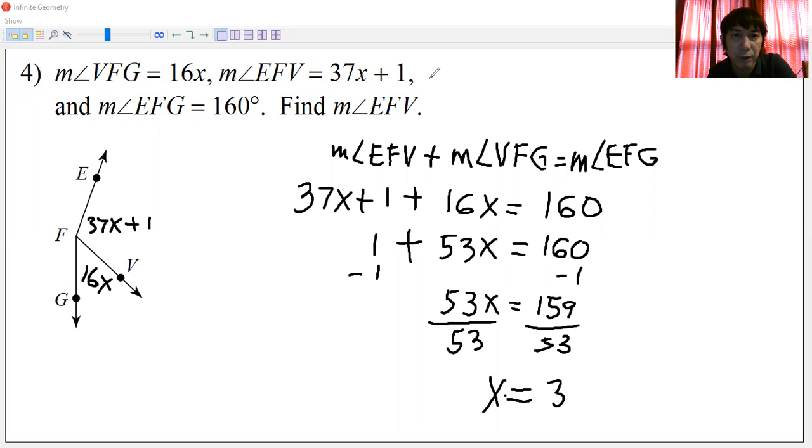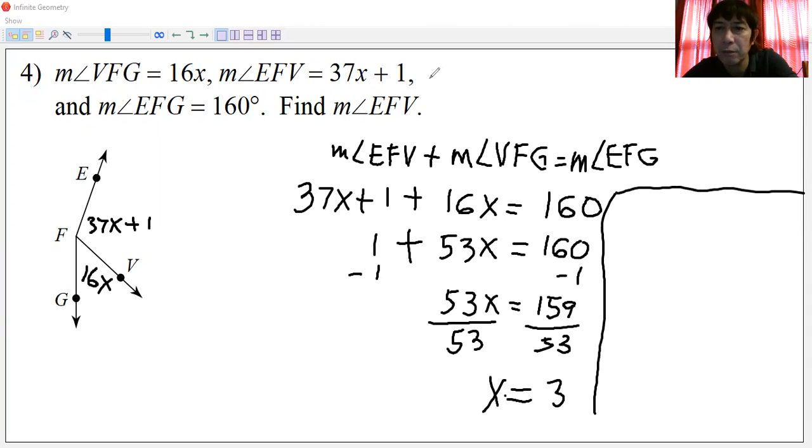We still have to continue and find the measure of EFV. That's equivalent to 37x plus 1. So we can put here the computation. We're after the value of EFV, and this is 37x plus 1.